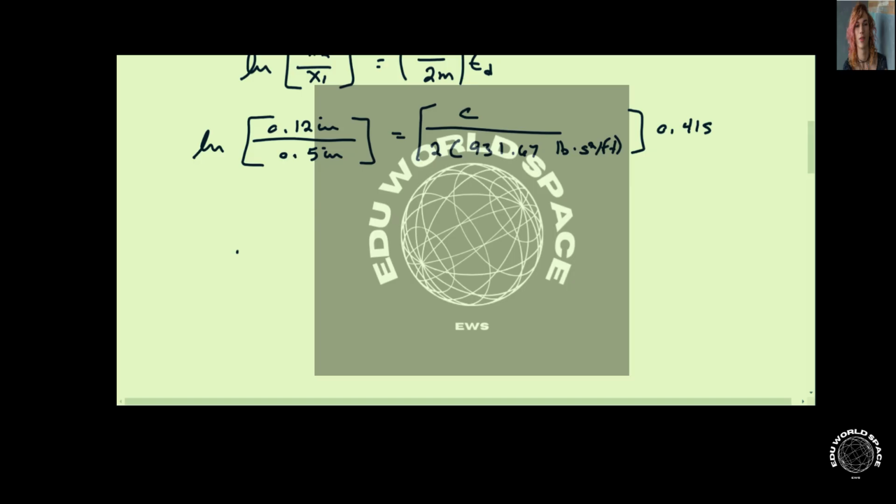To do that, we're just going to have c equals ln of 0.24, because we simplified this to this, times 2 times 931.67, divided by 0.41.